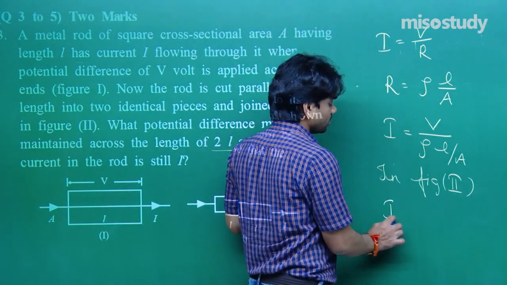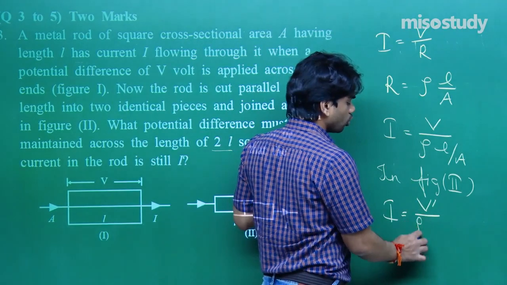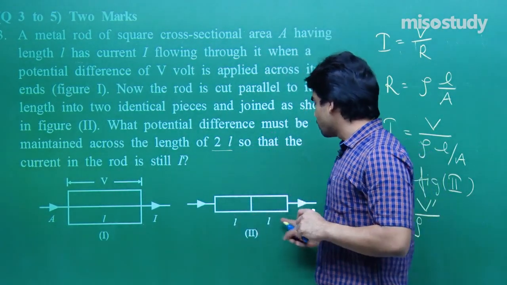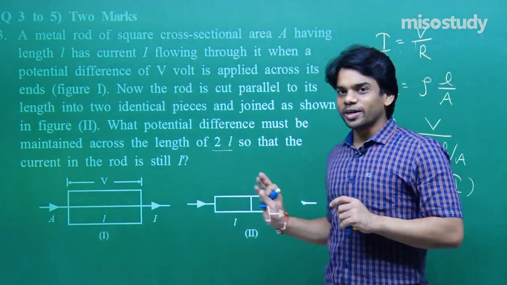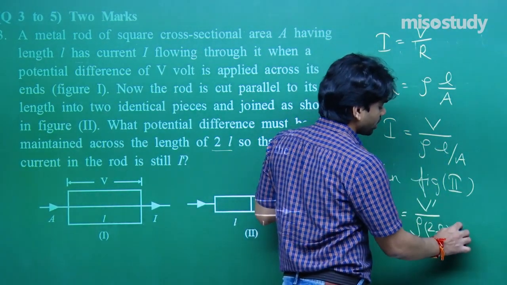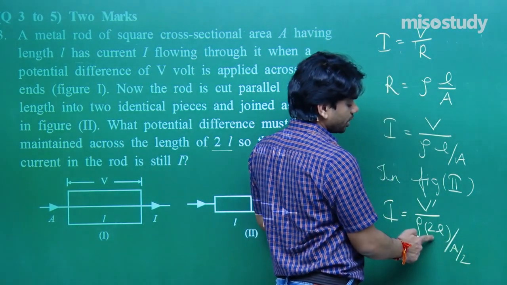So I is equal to the new potential difference V dash over rho times its resistance. You see the length will become 2L, area will become A by 2. So length 2L, area has become A by 2. This 2 will come here, it will become 4.